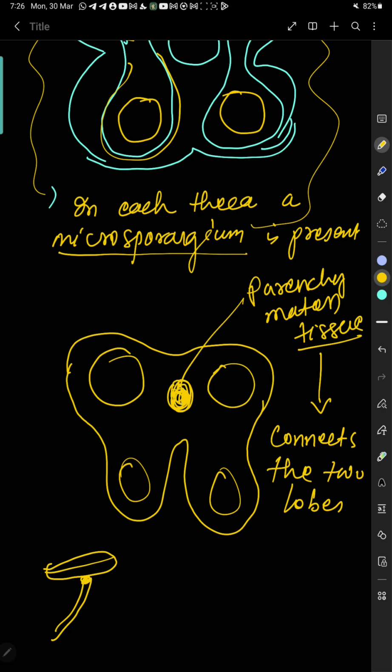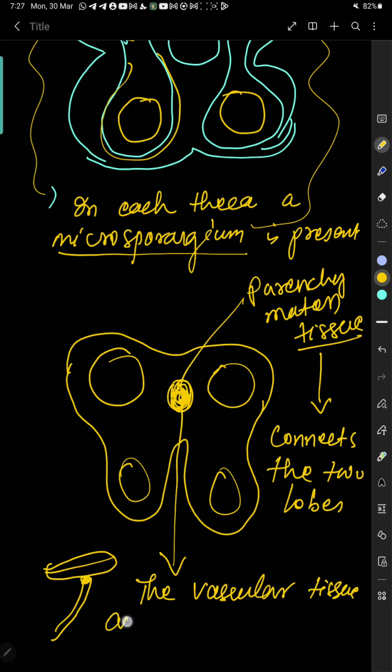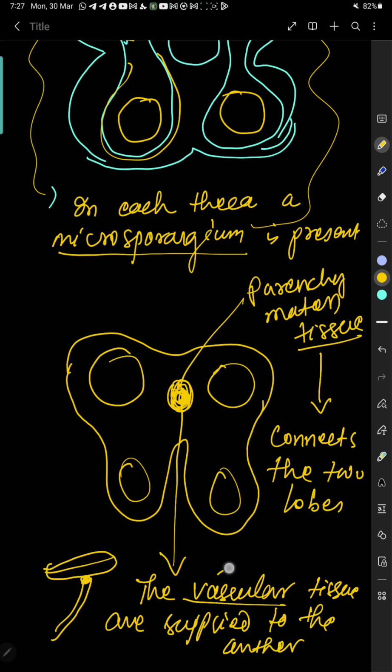They get the nutrient through the connective tissue, and through this connective, the vascular tissue is supplied to the anther. You know, vascular tissue means xylem and phloem.